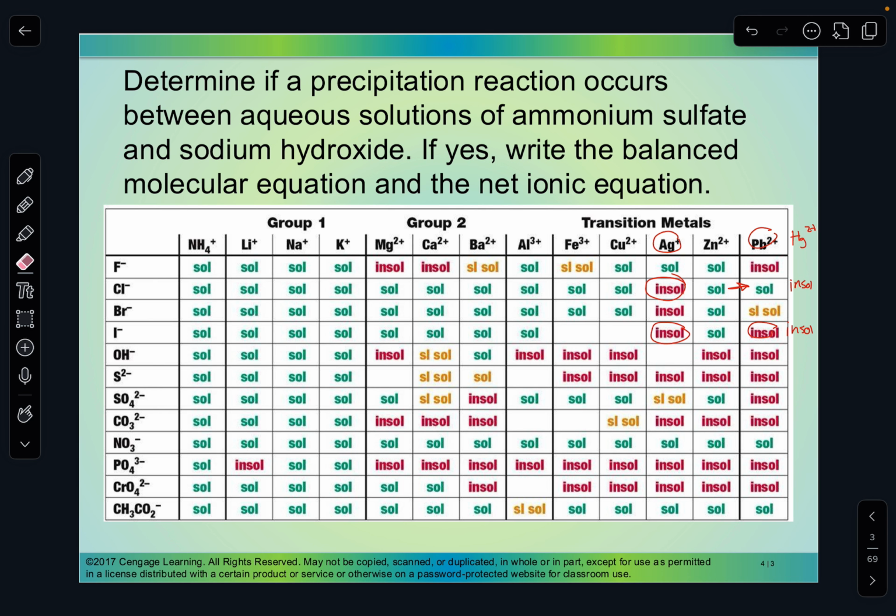Let's just go ahead and give it a shot, and then we will talk about it. So will there be a reaction? If there is no reaction, then nothing has formed. Give it a shot, and then we'll continue.